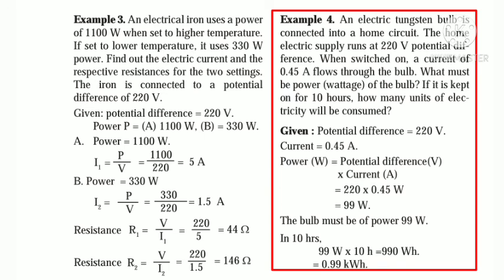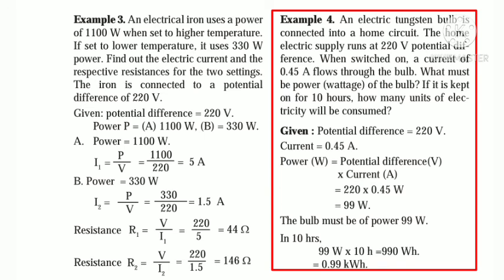Now we have to calculate the power W is equal to potential difference V into current A. Substituting two values of potential difference and current, 220 into 0.45, the power is equal to 99 watt. Now we have to calculate for 10 hours. The bulb must be of power 99 watt.